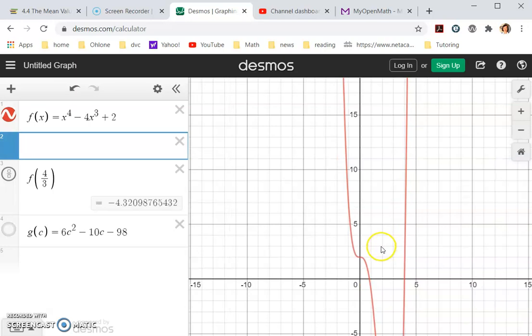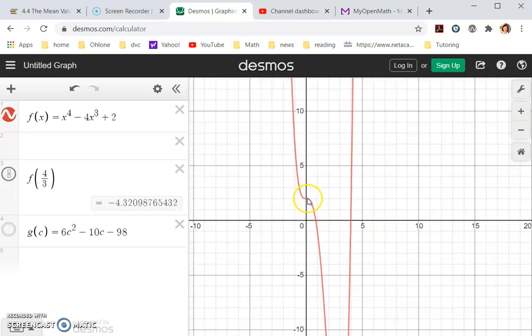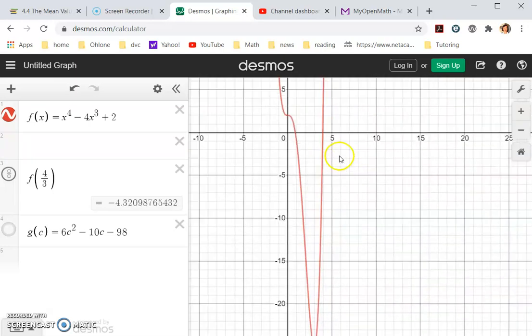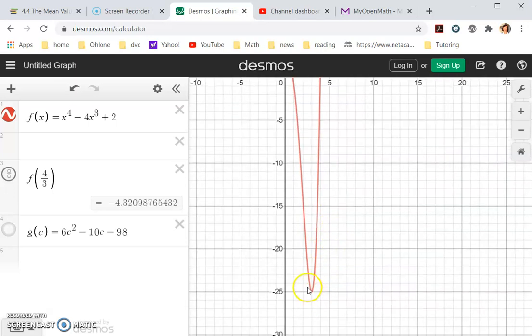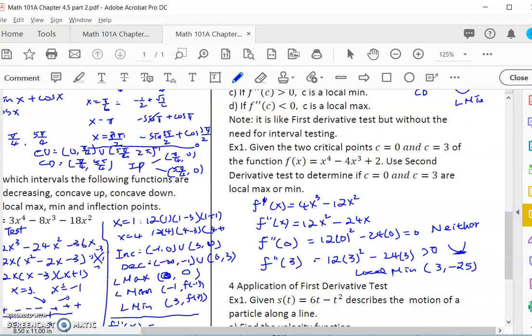We have a 0. 0 is not a local max or min, but you can see that this is a local min, 3, negative 25. So that's the use of the second derivative test. No need for testing. Just plug into the second derivative.